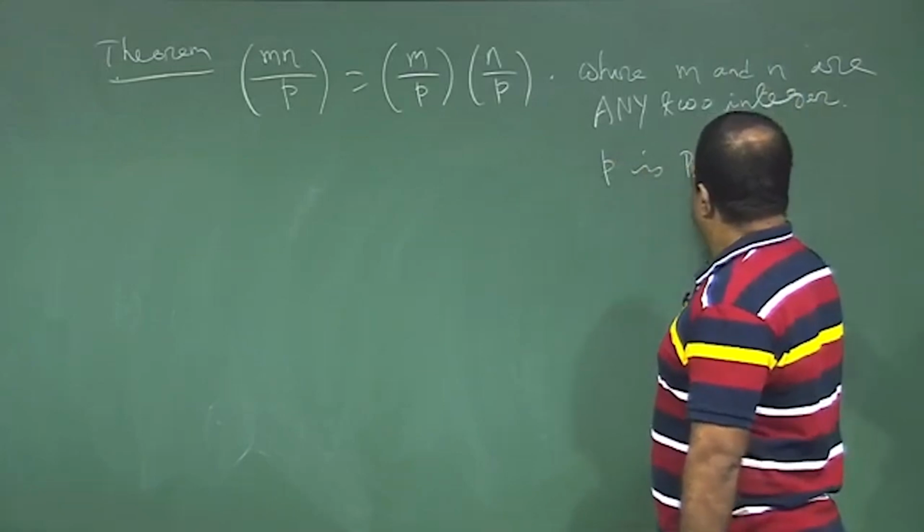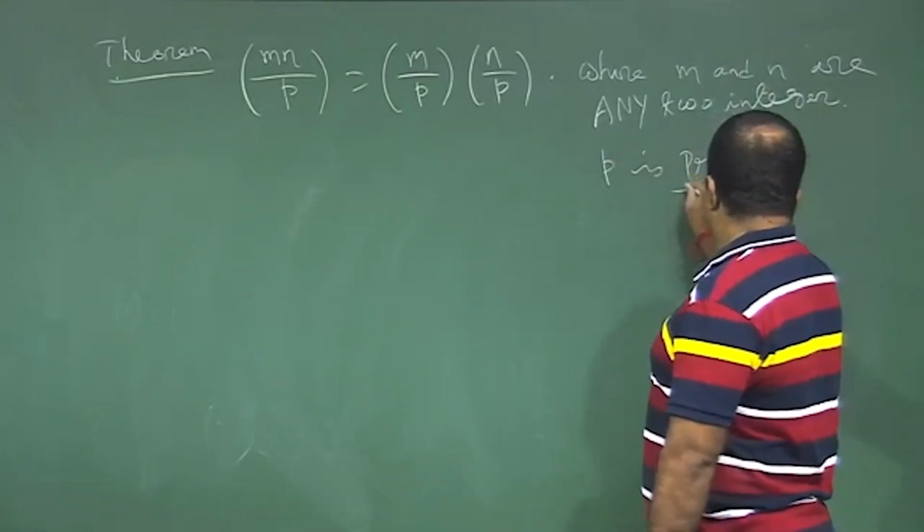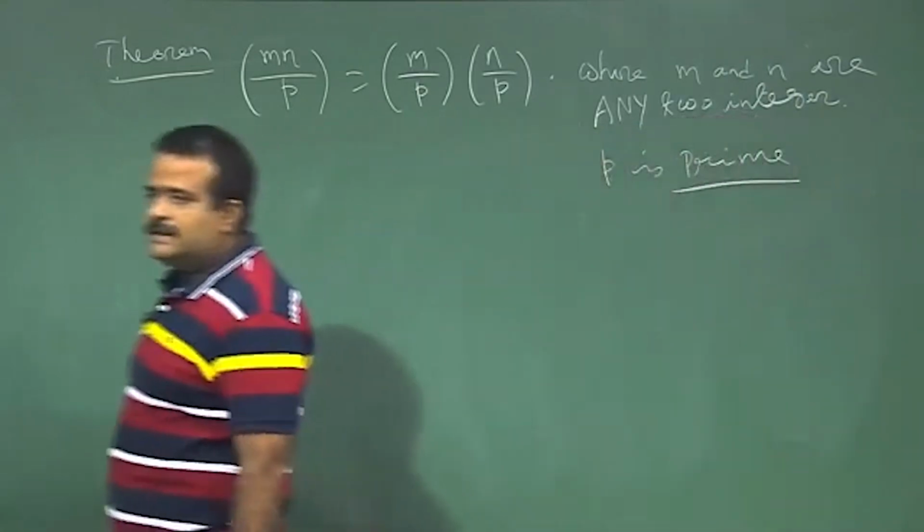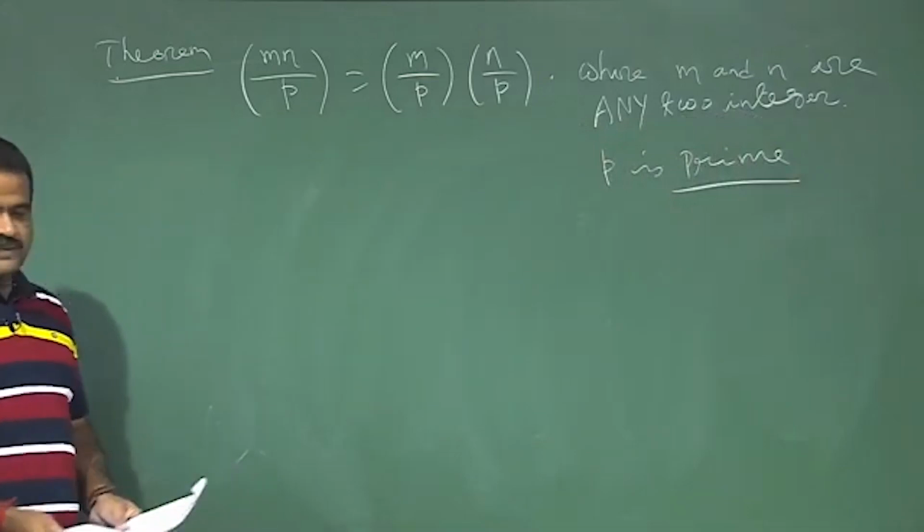So far we are taking P prime; this is mandatory because this is the Legendre symbol. So how to prove that?